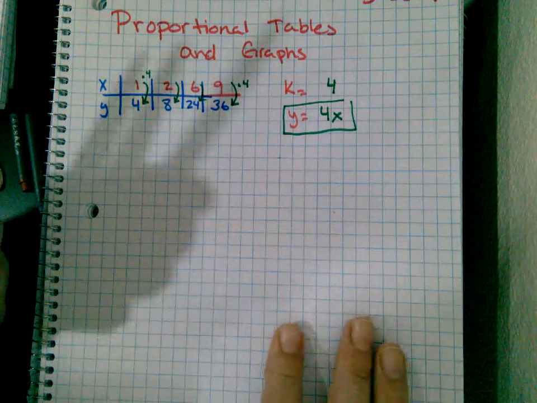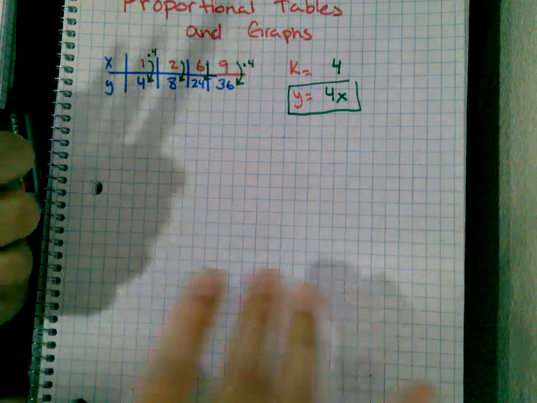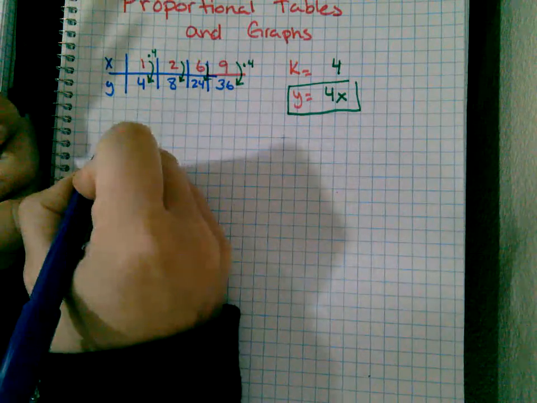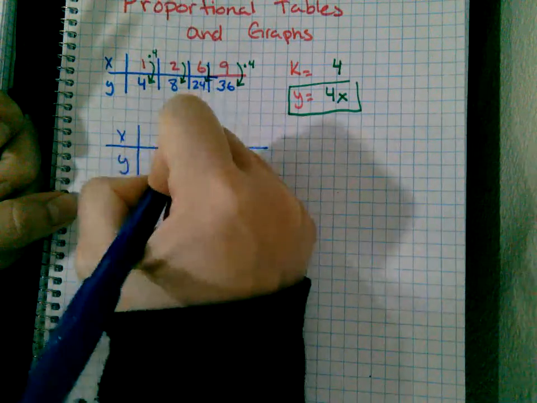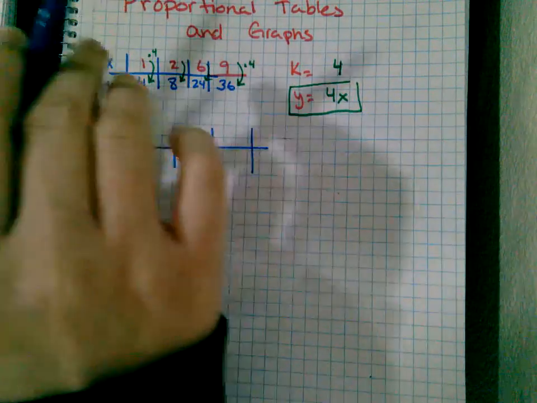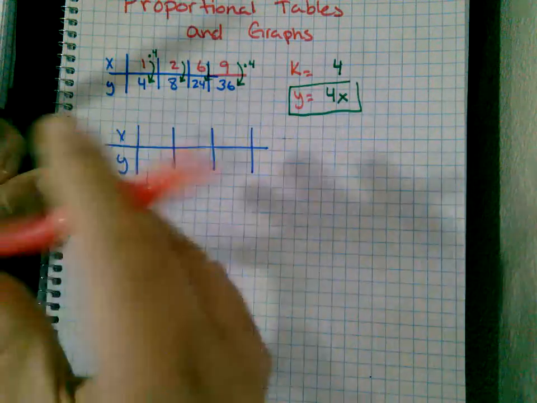But what if you get a table and these are the numbers that you get?